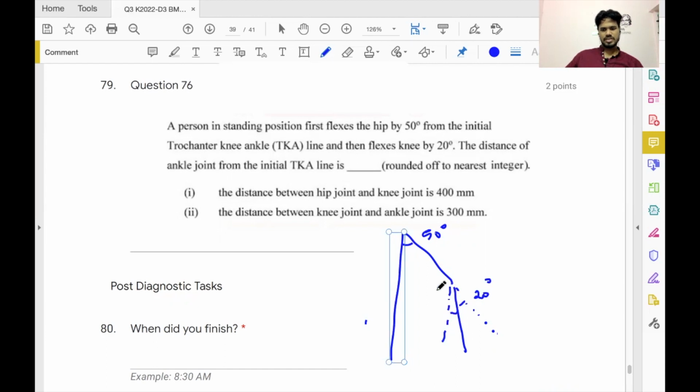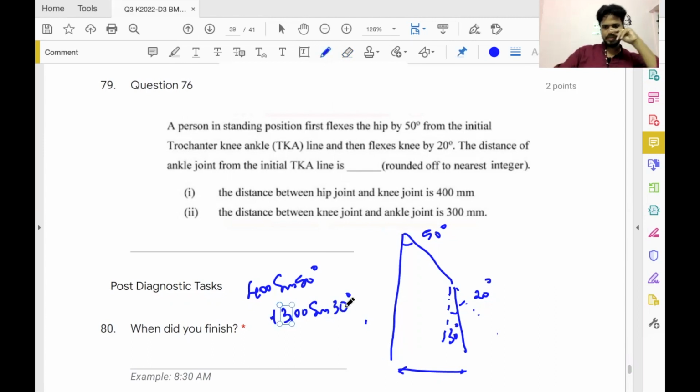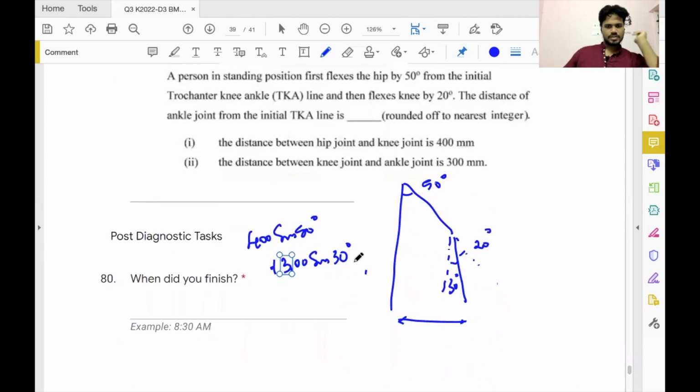So this angle, if let's say this is vertical, should be 30 degrees. So this distance should be 400 sine 50 degrees plus 300 sine 30 degrees. Okay.